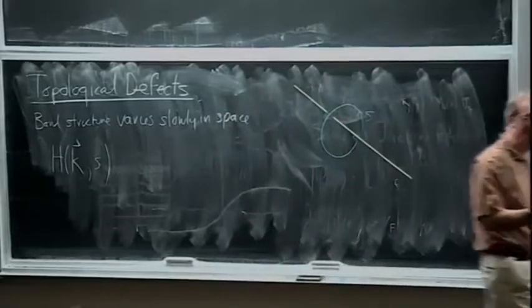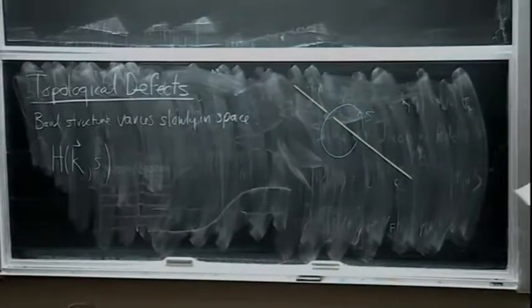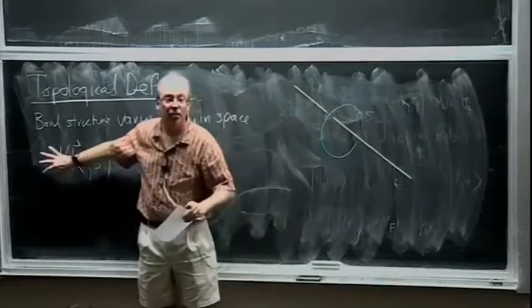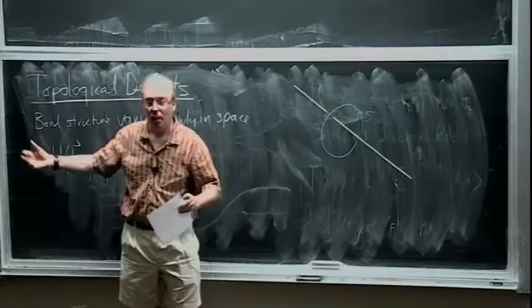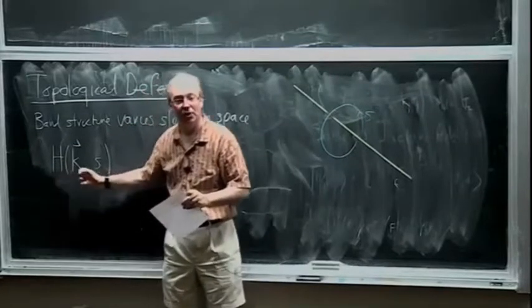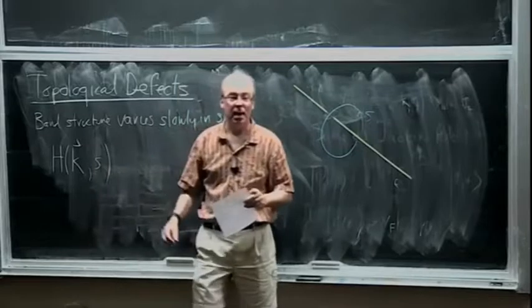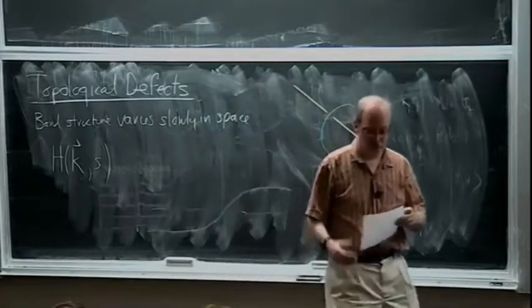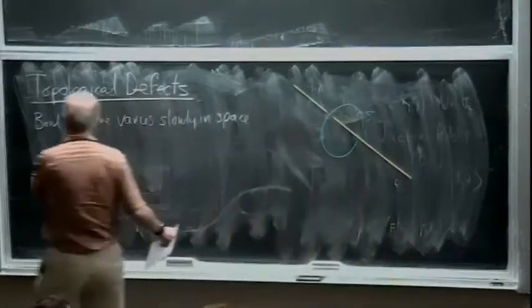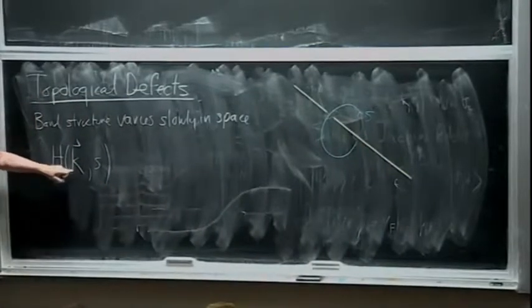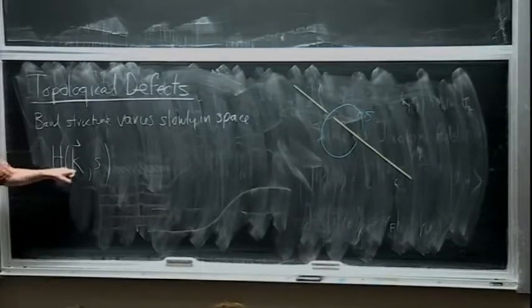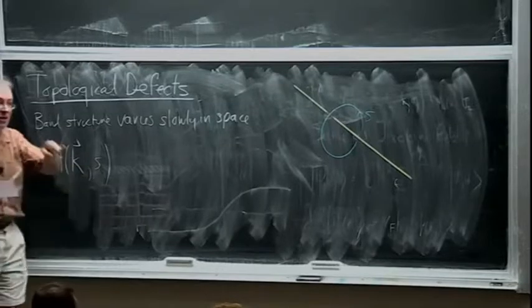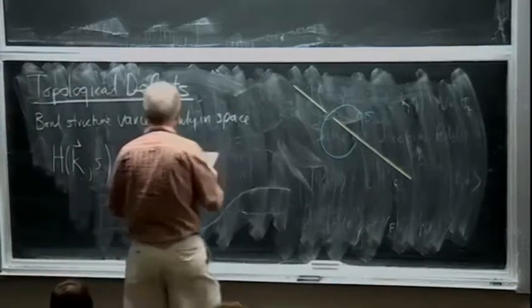I want to ask whether, even though H of k by itself might be topologically trivial, maybe a trivial insulator, the family of Hamiltonians H of k and s could be topologically non-trivial. What we have here is a Hamiltonian parameterized by four parameters, kx, ky, kz, and s. And so this can have a second Chern number.